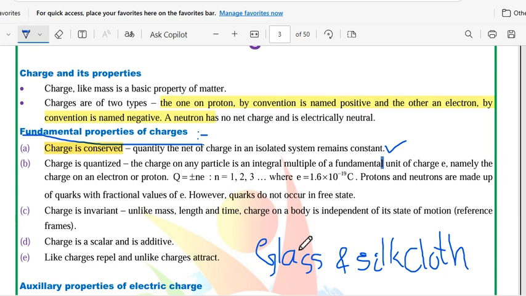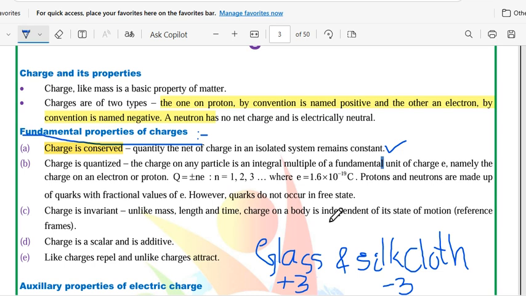If you take glass rod, it has plus 3 because by losing electrons it becomes positively charged. But in the silk it must be minus 3, because these have to balance each other, where the charge is neither created nor destroyed, which is nothing but the charge is conserved.